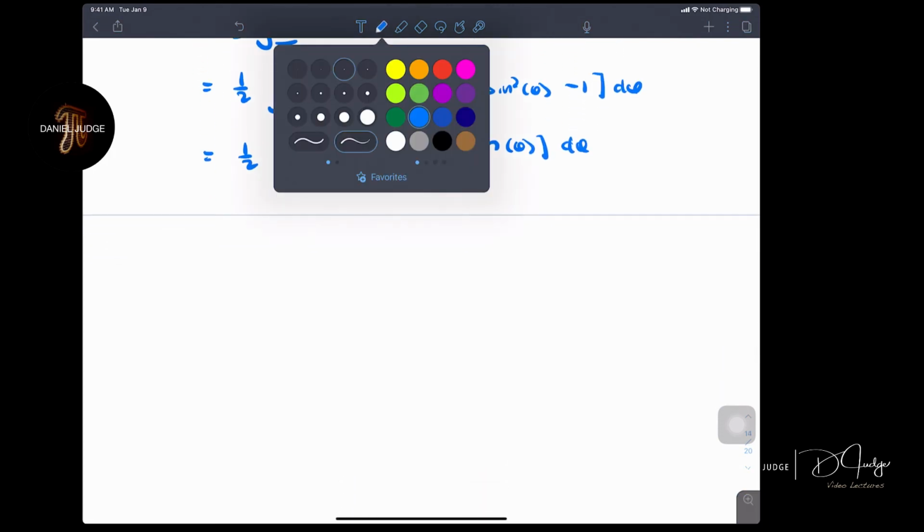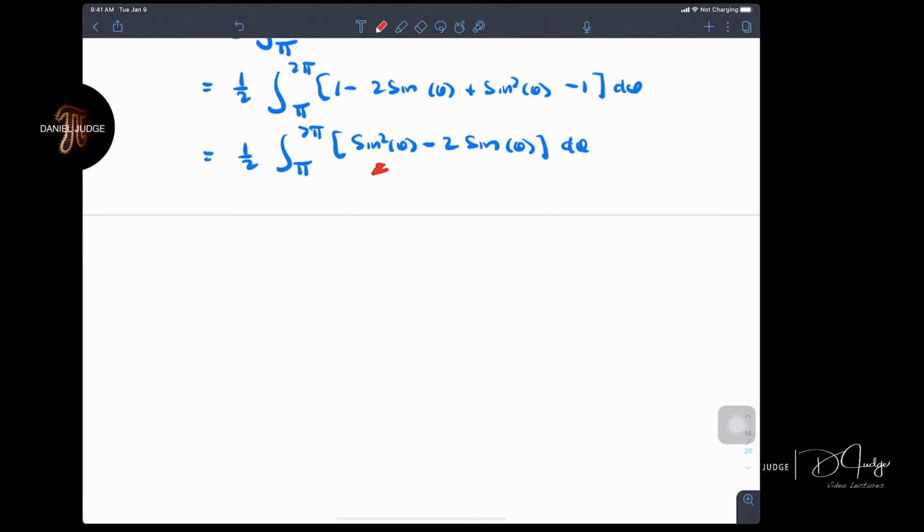Now, sine squared theta here is 1/2 times 1 minus cosine 2 theta. So use your power reducing identity there for sine squared theta.